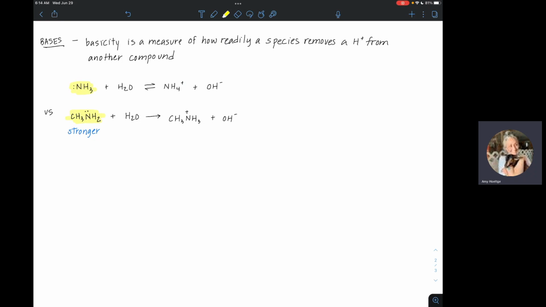And so what we're going to do is look at the difference in the dispersion forces, right? What is a dispersion force? Again, it's basically a fleeting, instantaneous dipole that occurs when the electrons in the species all scurry over to one side and create a partial negative charge on that side.